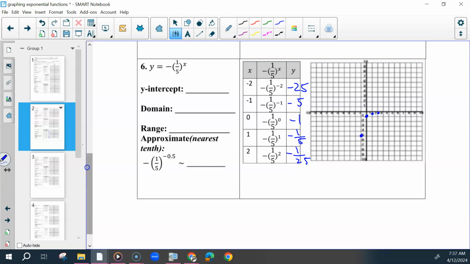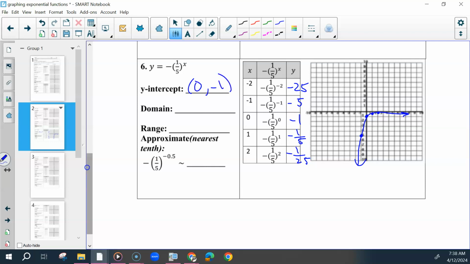So when we graph it, it'll look something like this. So what's our y-intercept now? Negative 1, 0, negative 1.